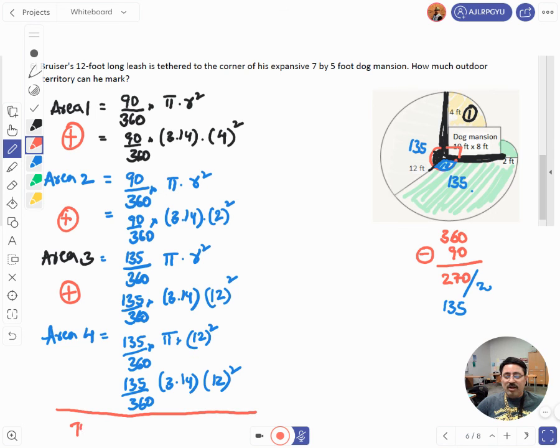So let me make use of a calculator. 90 over 360 times pi, 3.14 times radius square, 4 square, this one, plus the second area is again 90 over 360 times pi times radius square, 2 square, which is 4, plus the next one, 135 over 360 times pi r square.